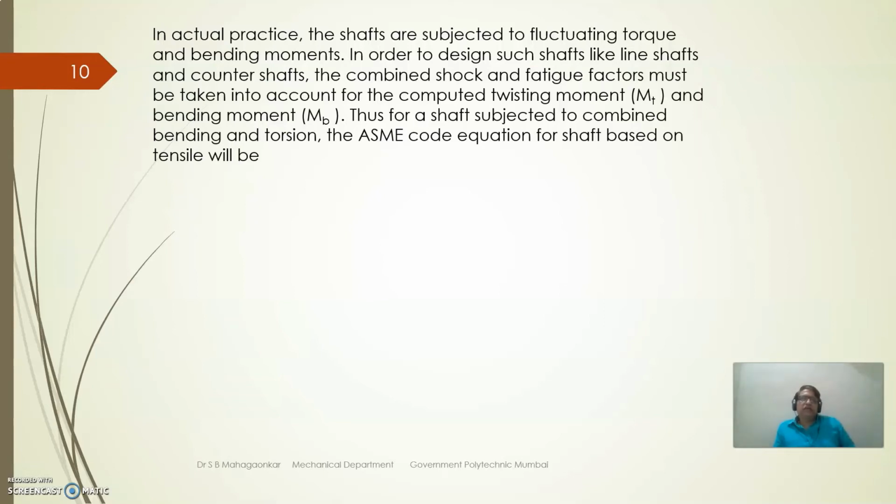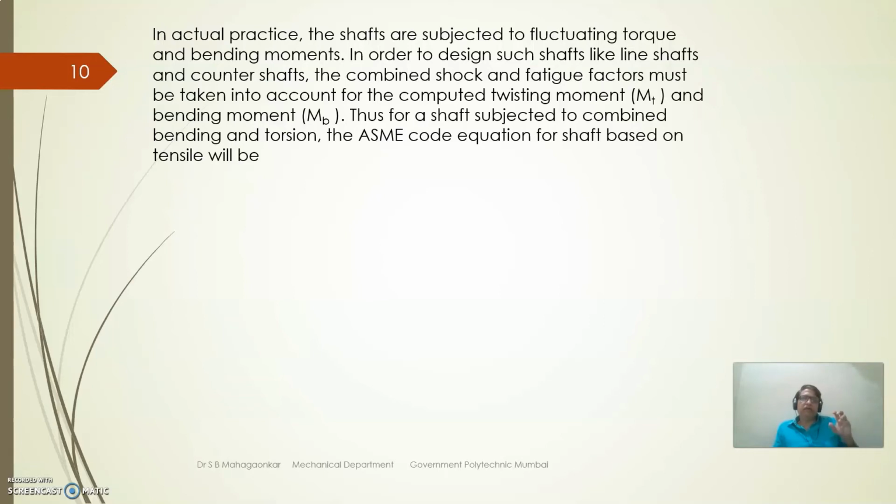When it is transmitting through the engine, the flywheel stores the energy in the power stroke and gives it back, so there is a fluctuation of energy. So the torque will fluctuate. When such a fluctuation is there, we have to design that shaft by means of combined shock and fatigue factors. That means we have to add KB and KT factors.